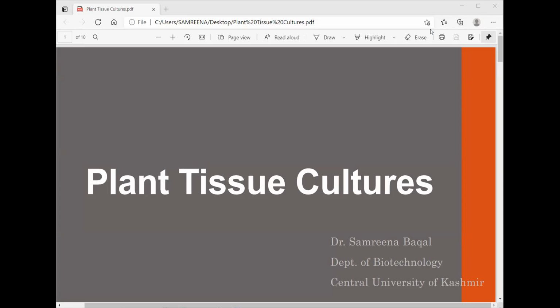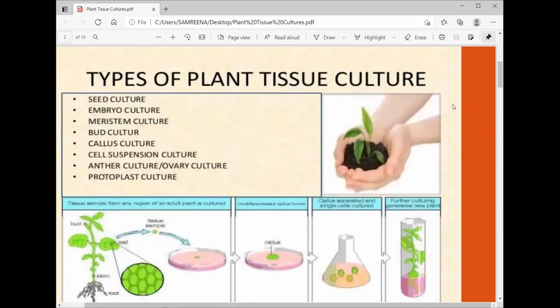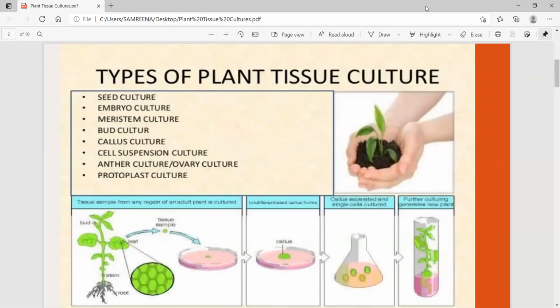In continuation of the previous lecture, we are discussing the different cultures which are carried out in plant tissue culture. We know that different types of tissues can be cultured in the plant tissue culture laboratory. We can take seeds directly, or sow those seeds in tissue culture.